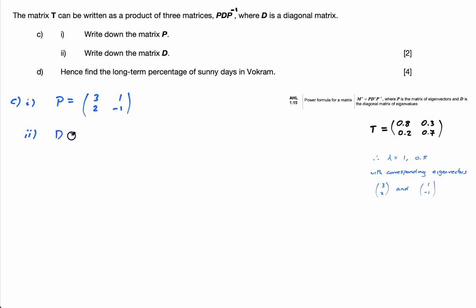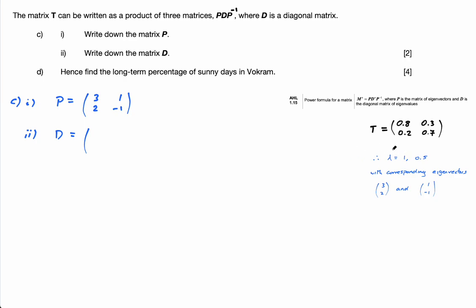corresponds, because D is the diagonal matrix of eigenvalues. So it is important that the eigenvectors match with the eigenvalues. The eigenvector 3, 2 is the eigenvector that corresponds to the eigenvalue 1.